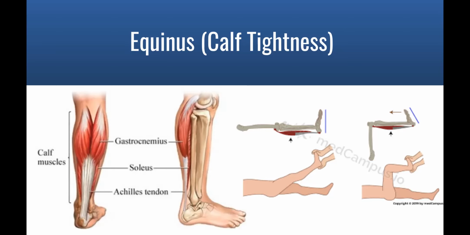The pictures on the right show how we evaluate for this equinus, basically looking at the upward motion of the foot at the ankle joint level. And if there is too much tightness, you won't be able to get that foot dorsiflexed or extended up as high as it should go.